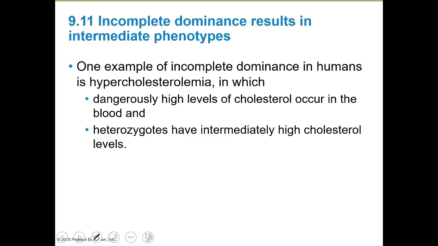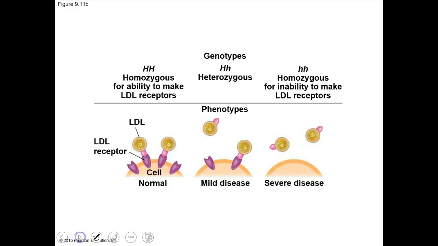So one example of incomplete dominance in humans is called hypercholesterolemia. You're welcome. Okay, so this is where we have dangerously high levels of cholesterol in the blood. Heterozygotes have intermediate high cholesterol levels. Just to give you an example of what it would look like, a normal cell has these LDL receptors, low density lipoprotein receptors.